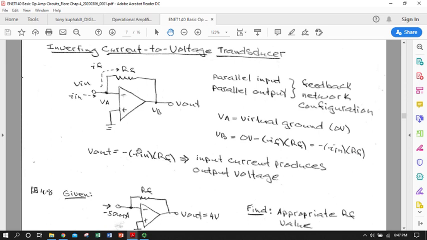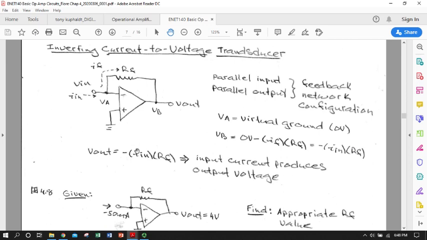So if we have a device that produces a current as a signal, there's some instruments, for instance, that produce standard signals up to, say, 20 milliamps, probably using another op-amp themselves. And we want to evaluate that signal. That might be coming from the output of some kind of a photodetector, or the output of a strain gauge with a known voltage input.